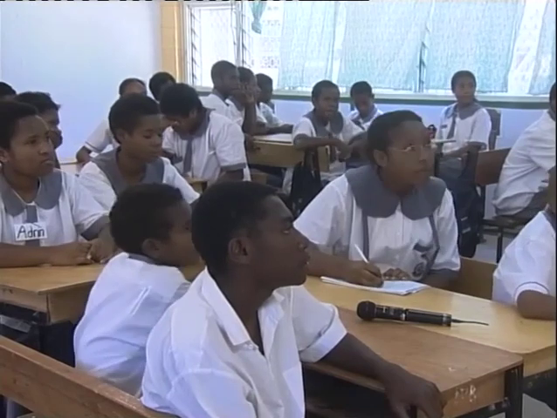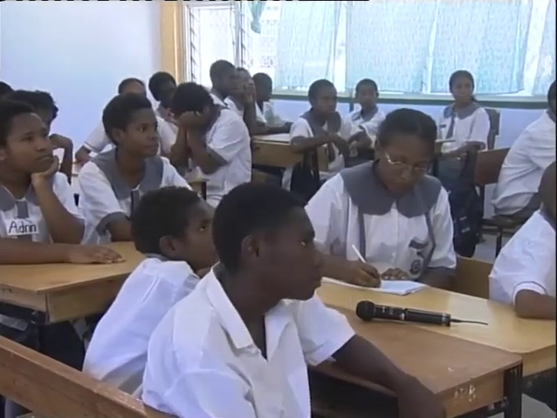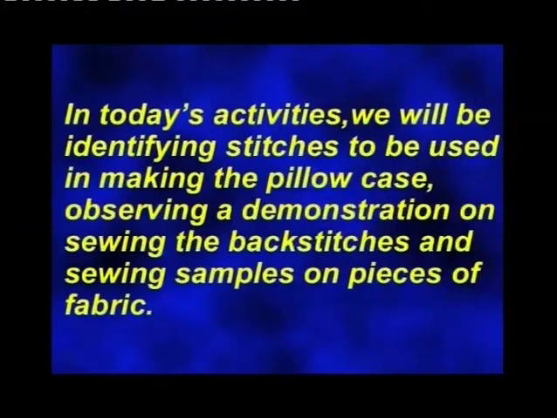Our lesson topic today is identifying the basic stitches that we are going to use in making the pillowcase. We will also be observing a demonstration of how to make one of those stitches, and we will learn to make one ourselves.